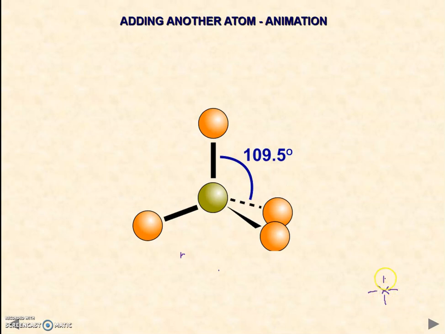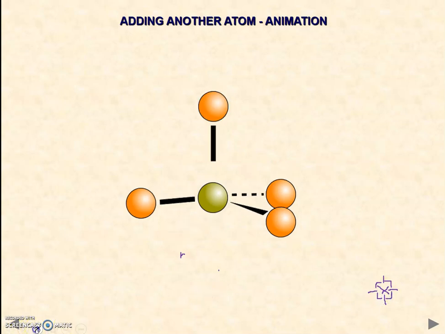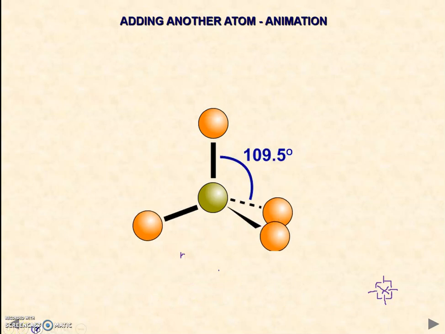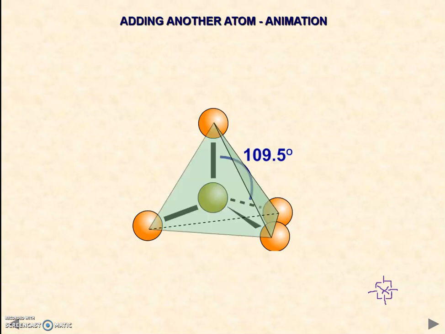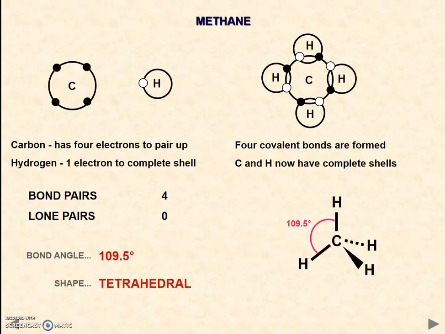But hopefully you can appreciate that this angle here that I'm drawing is just a right angle, and so that's only got a 90-degree angle there. Whereas if we go now to 3 dimensions, then we can get a larger bond angle of 109.5 degrees. You must remember the 0.5. It's not just 109, it's not 110, it's 109.5 degrees. We call this shape tetrahedral.